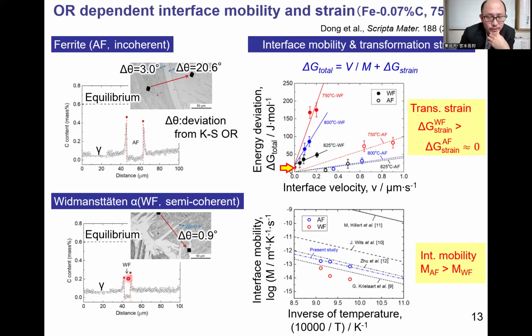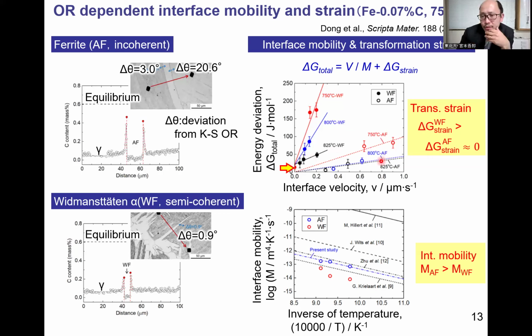So such measurement is conducted at various holding time and various transformation temperature. And energy dissipation is plotted as a function of interface velocity. So the one important point of this measurement is the intercept of Widmanstätten ferrite is not zero, but about a few tens joule per mole. So this means the formation of Widmanstätten ferrite involves transformation strain.